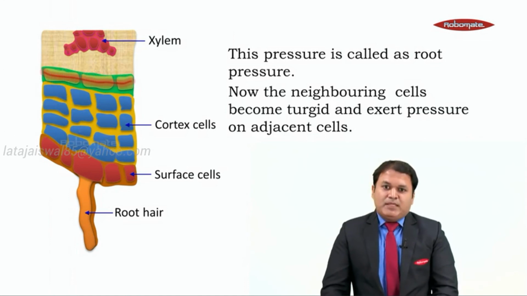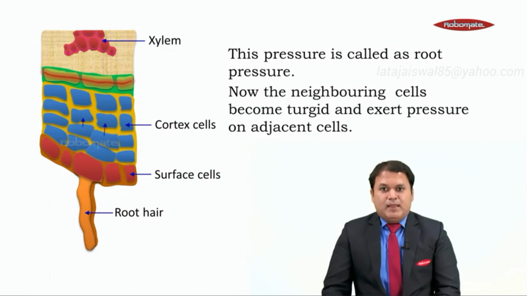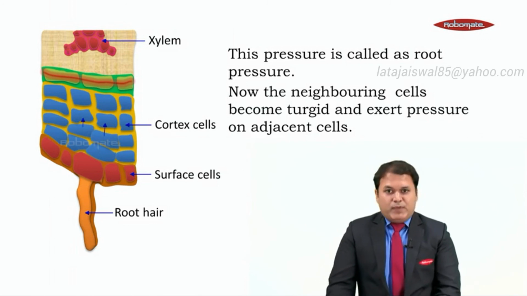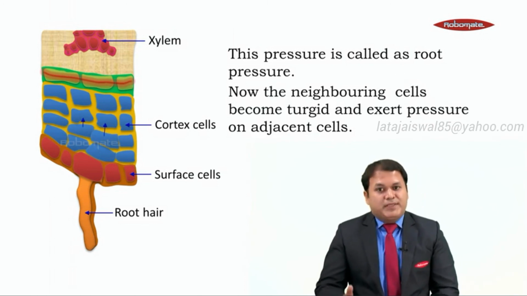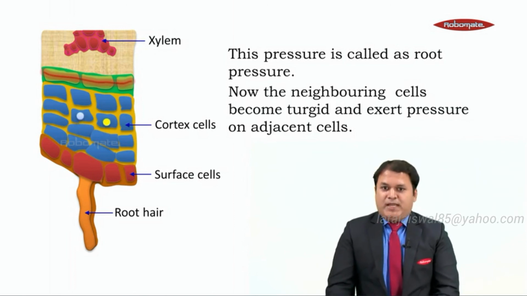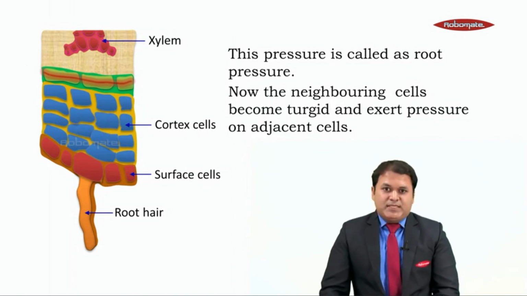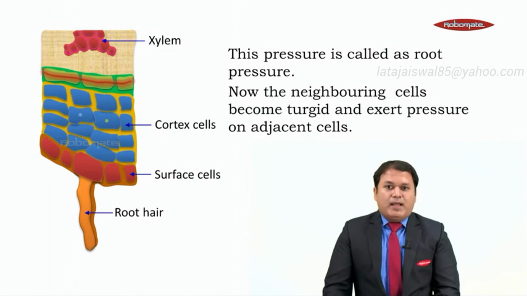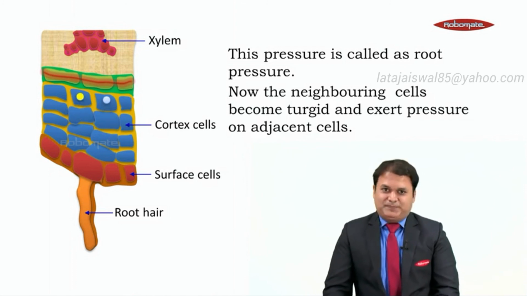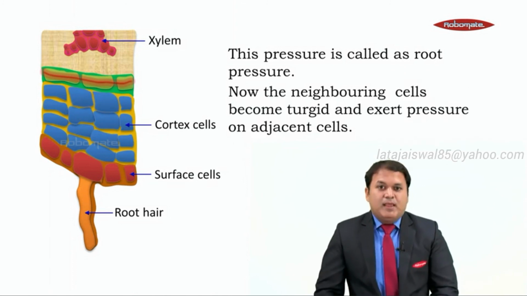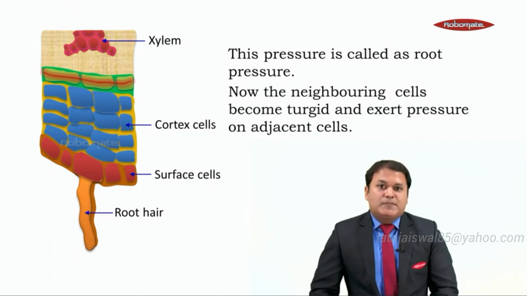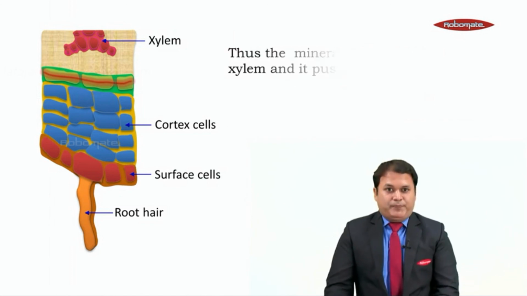So water and minerals are pushed into the neighboring cells. Again this in turn will swell up and exert pressure on their neighboring cells. So water and minerals are pushed up into the adjacent cells, and so on again into the adjacent cells. So here you can see, because of the pressure, water is pushed from one cell to another.